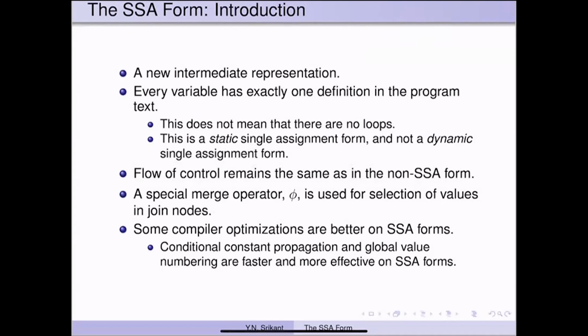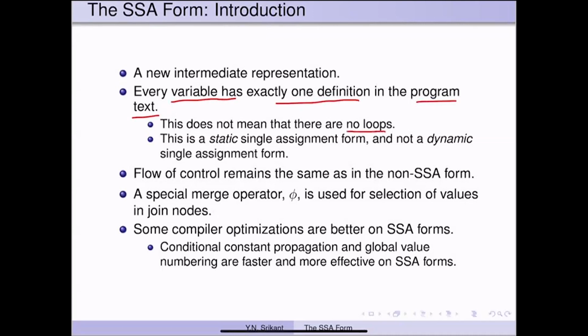The most important property of this static single assignment form is that every variable has exactly one definition in the program text. So we must read text properly, fully. The reason is this does not exclude any loops.